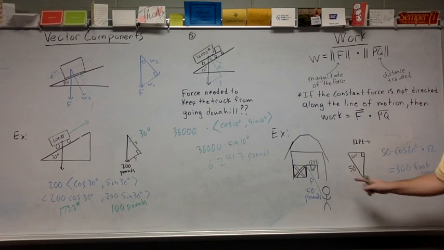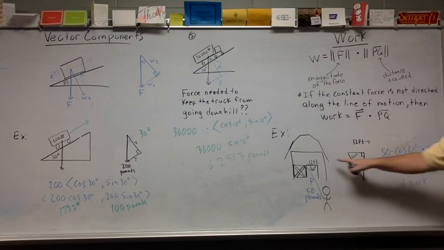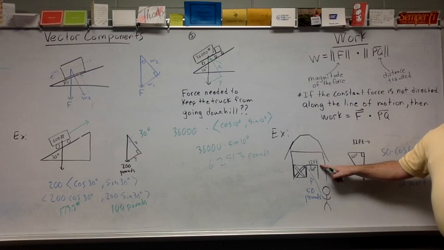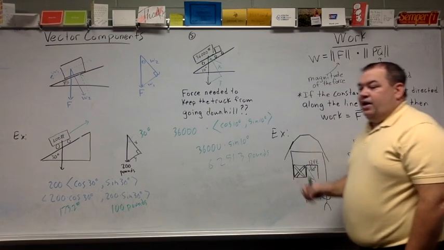I don't care about the y direction because the door isn't moving in the vertical. I take that times the 12 for the 12 feet that it moved. So 300 foot-pounds is what I got when I did this calculation. 50 times cosine of the angle, 60 degrees, times how far it moved, I got 300.